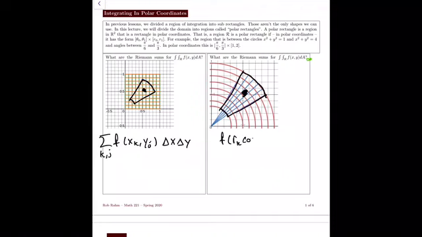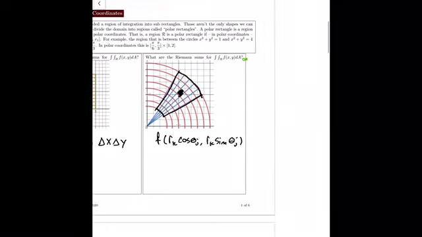So we could say f of r_k cosine theta_j, r_k sine theta_j, times delta A_kj, where the rectangle kj is just how I'm indexing these polar rectangles.